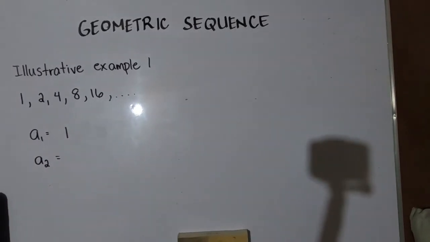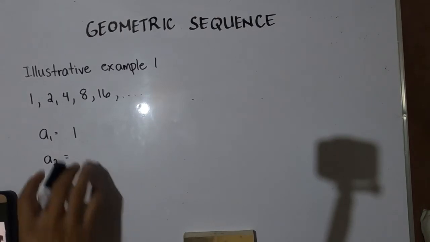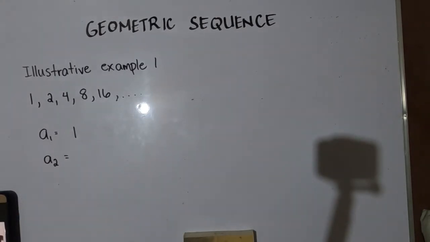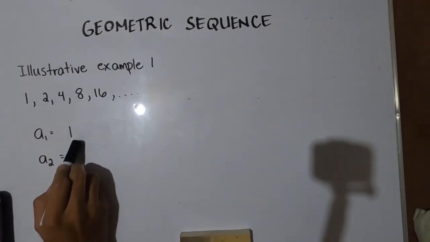If we are going to write the terms recursively starting from the first term, we will arrive at this, letting a sub 1 be equal to 1.